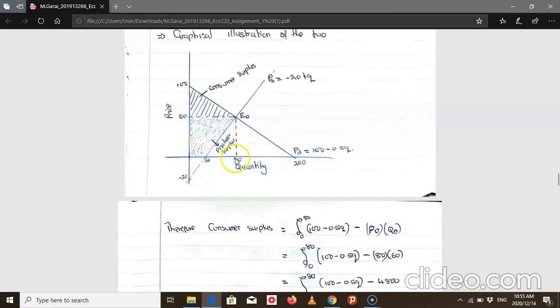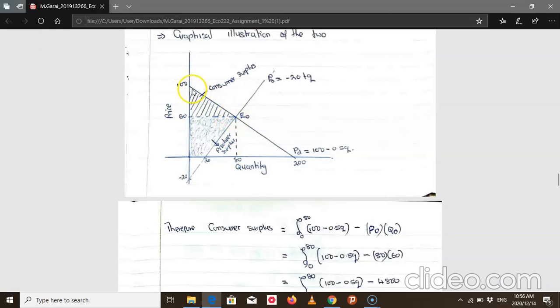If we integrate between 0 and 200, we get the area between the line, the 0 line, and the x-axis. So if we integrate the demand function, we get this area. But which one do we want? We want this triangle only.